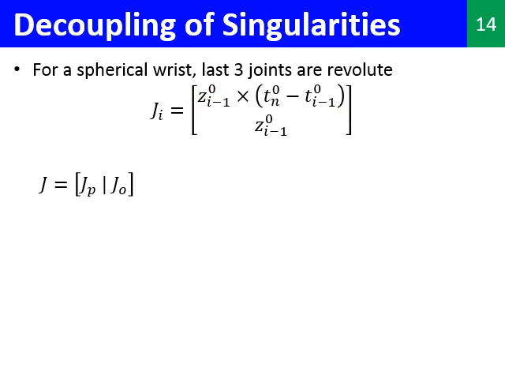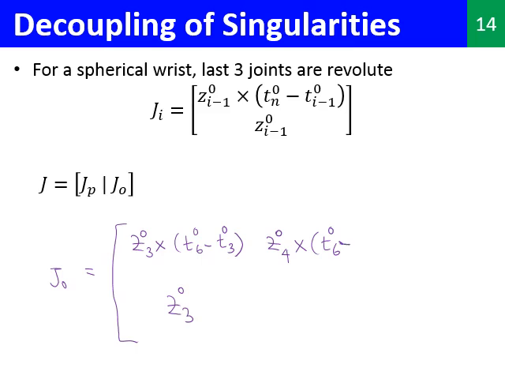Therefore I can write JO as: when i equals 4, we have z_3 cross (o_6 minus o_3) and z_3; when i equals 5, we have z_4 cross (o_6 minus o_4) and z_4; and finally when i equals 6, we have z_5 cross (o_6 minus o_5) and z_5.